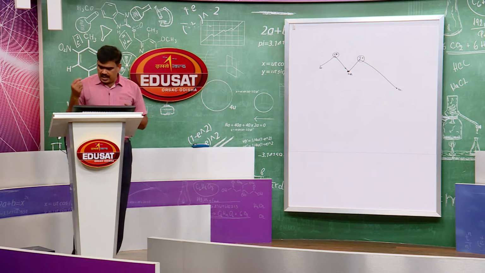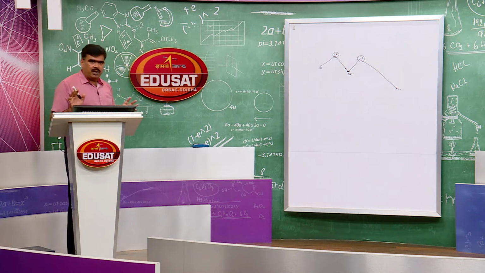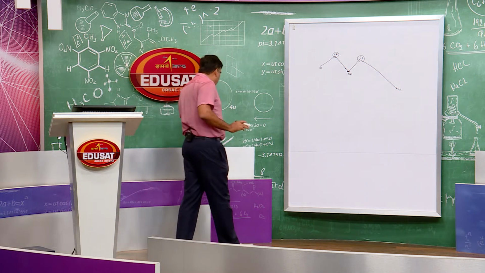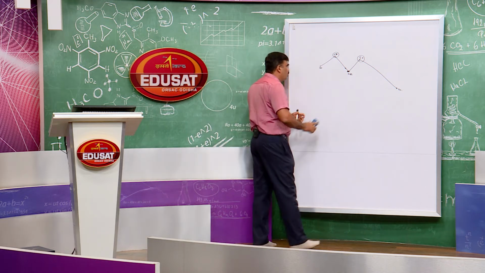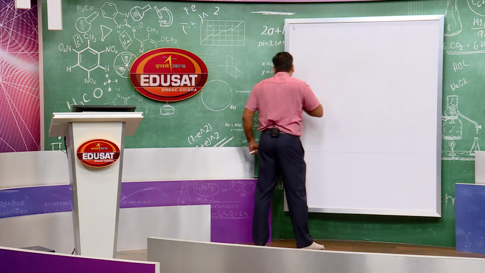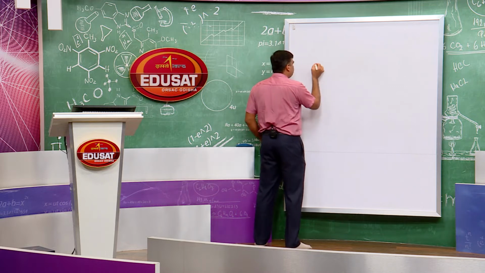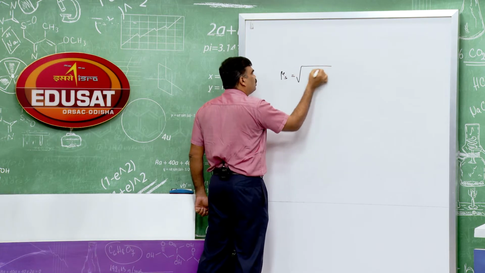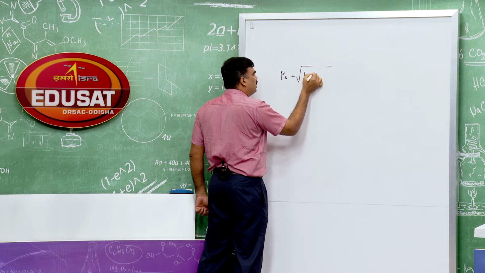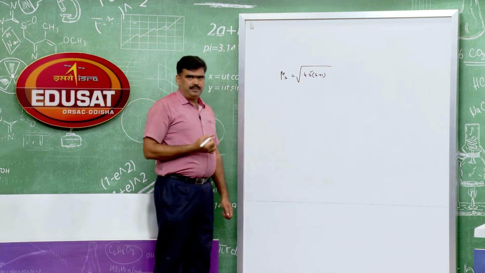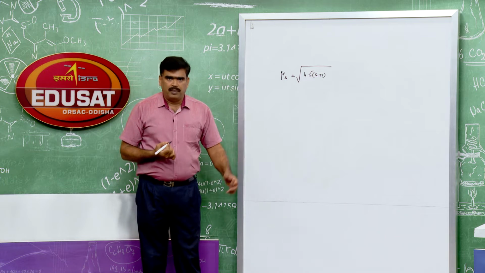And there is a formula, called the spin only magnetic moment for 3d elements. Spin only magnetic moment, mu s, is equal to square root of 4s(s+1), where s is the total spin quantum number.